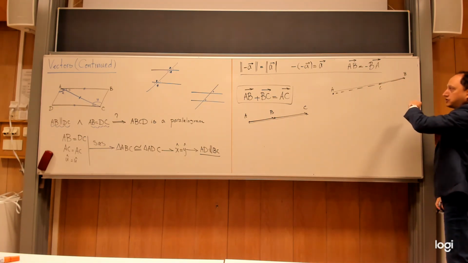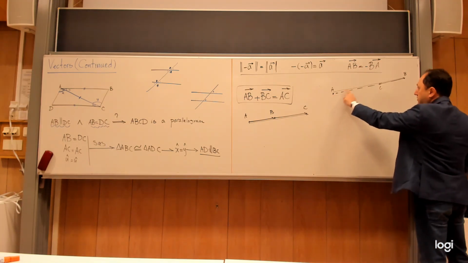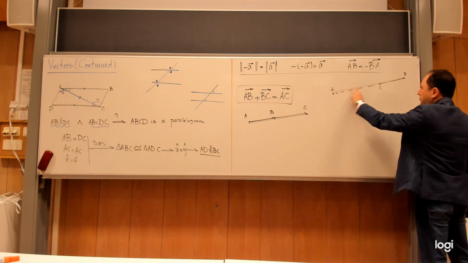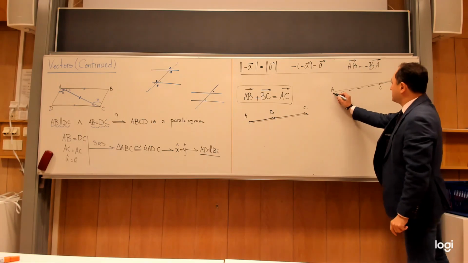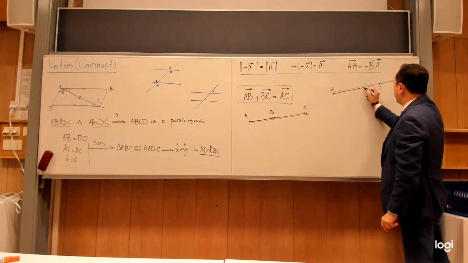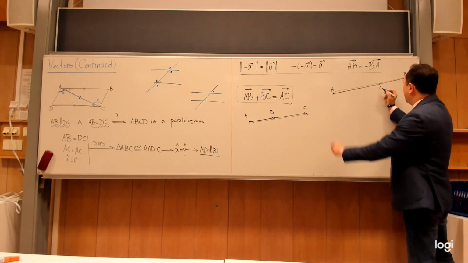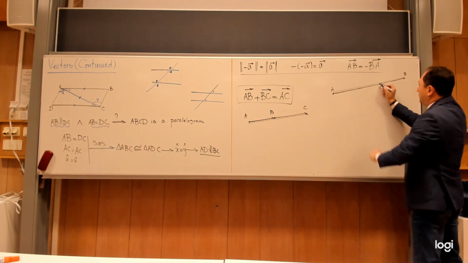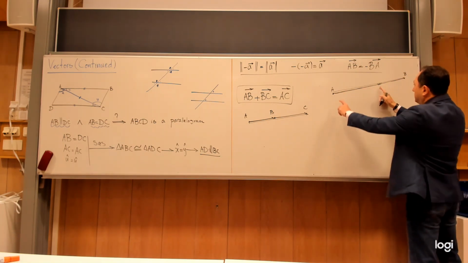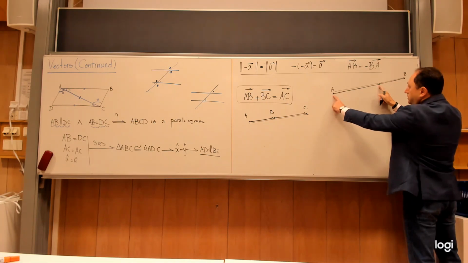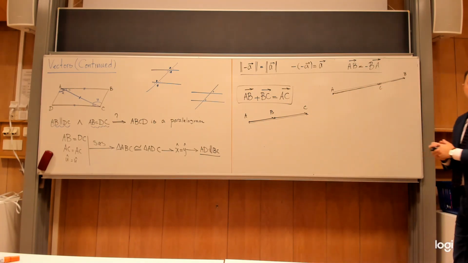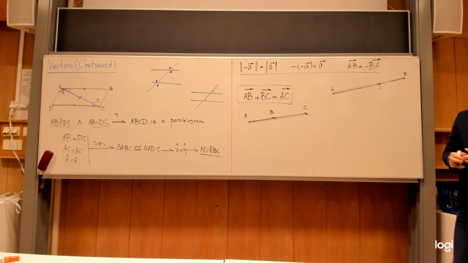And now what was the rule? I need to attach these 2 points together. That would be the result vector. And where should I put the arrow? I should put the arrow on the final point, and the arrow would be here. But read this vector for me. What is this vector? This vector is exactly vector AC. So you see, it was working.